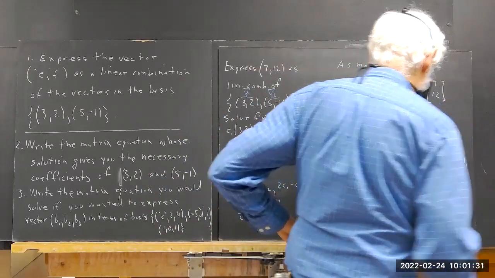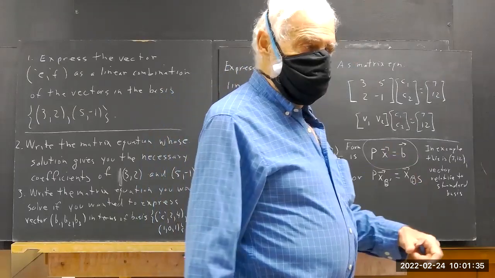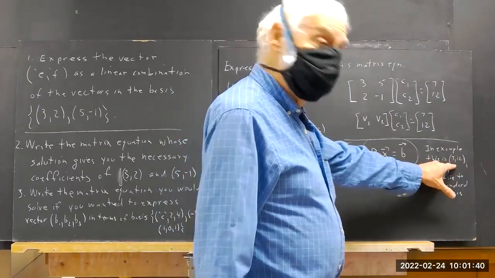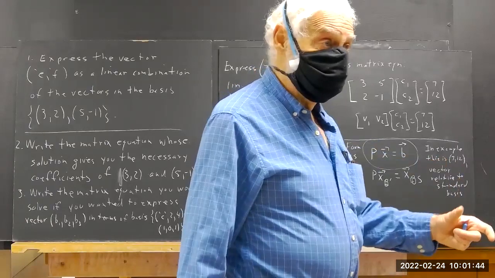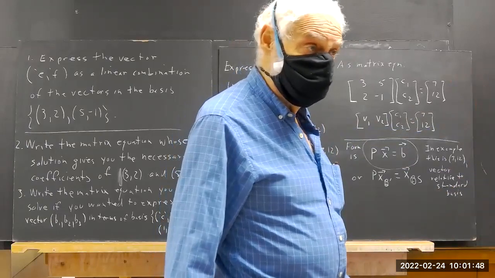Now I'll write out what that means in a little bit, but it just means if you take 7 times 1, 0, plus 12 times 0, 1, this is what you get. Okay? So your standard basis, of course, and you know this by now, is 1, 0, and 0, 1 for R2. Okay?